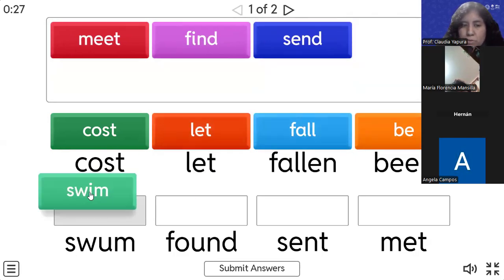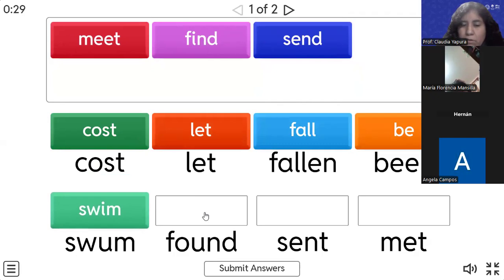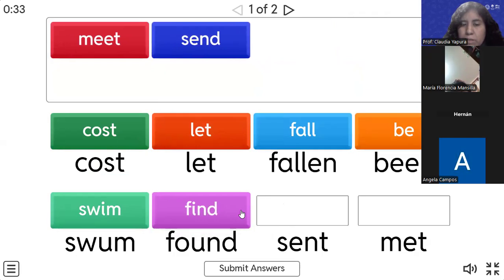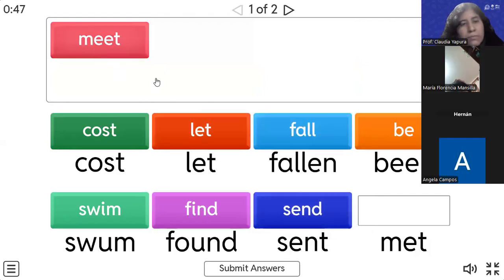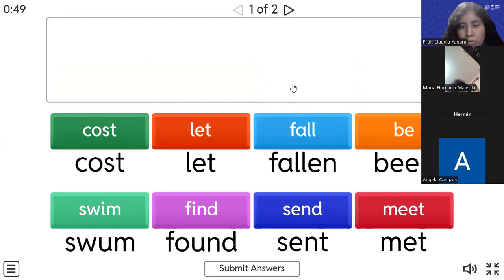Found. Find. Okay. There are some verbs that remain the same for the simple past and the present perfect. Send. Yes. And meet and met. Meet. Very good.